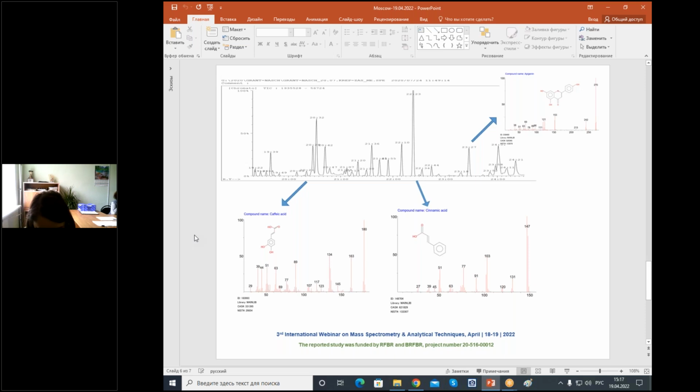For fatty acids, lauric acid, myristic acid, palmitic acid, and stearic acid were only in the leaves of cultivar Valentina.